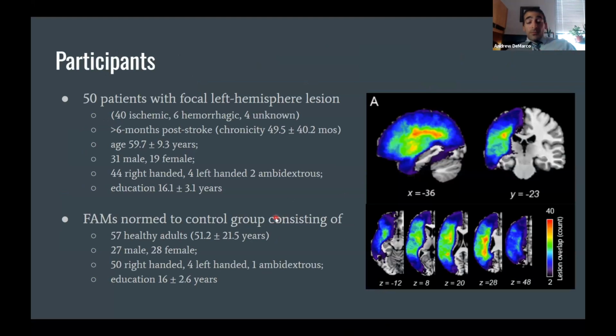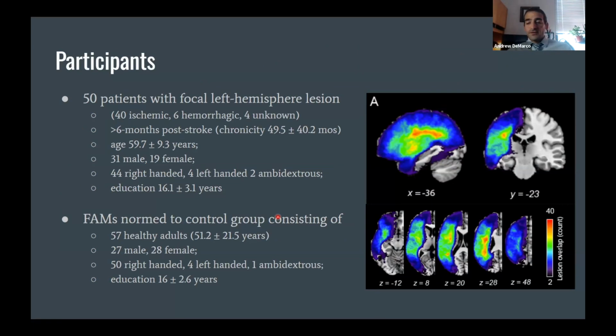So what I'm presenting is data from about 50 patients. Each of them are chronic left hemisphere stroke survivors with a history of aphasia. Almost all of them also have aphasia. And what we're going to do is derive a functional anomaly map result image for each patient. And we're going to incorporate as a norm reference cohort, we'll factor in 57 healthy adults who also participated in this study.